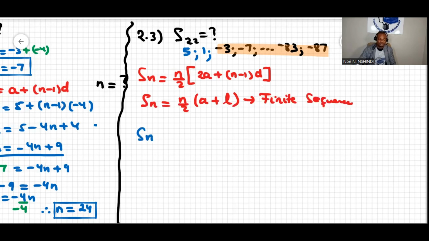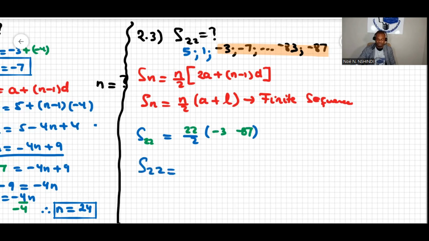It's going to be quicker. So S22 will be equal to n/2 times the first term and the last term. S22 will be 22 over 2, the first term is -3, and the last term is -87.